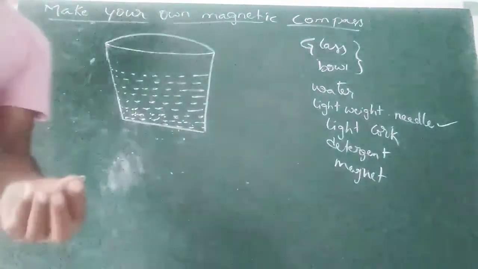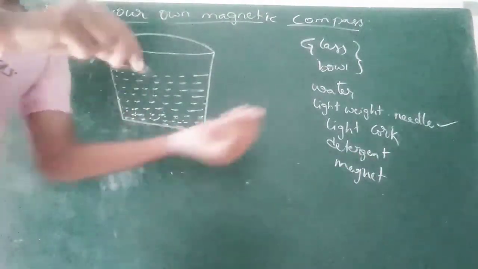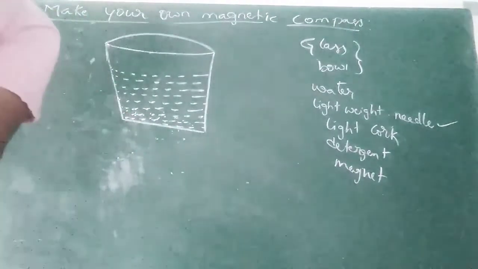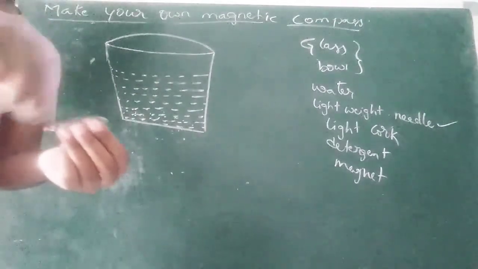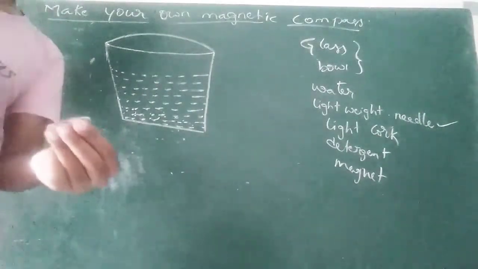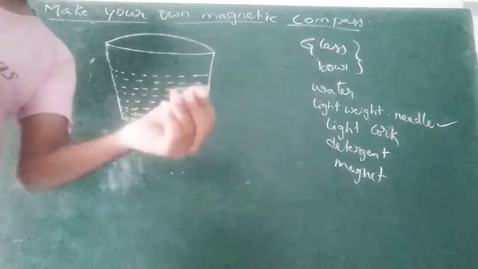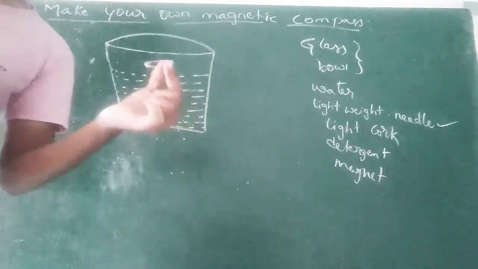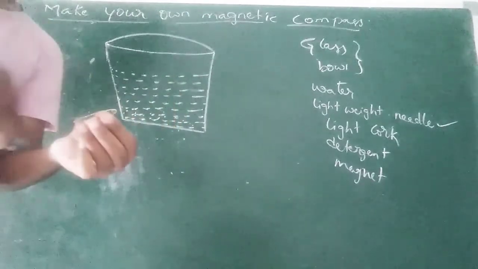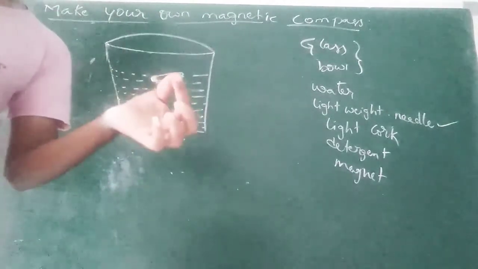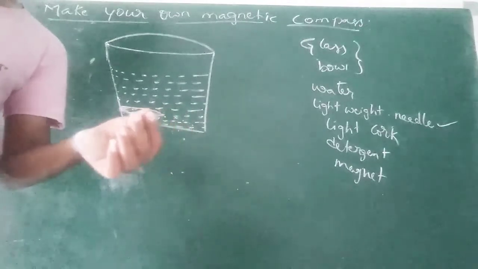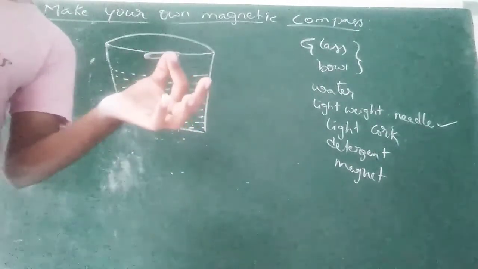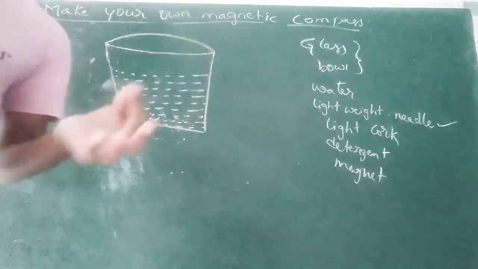Take the magnet and take a needle, and make this needle into a magnet by the single touch method several times. By doing that several times, this needle gets converted into a magnet, and this needle we call a magnetic needle. Initially it is a needle, and by doing the single touch method, it gets magnetized, and it also acts as a magnet.